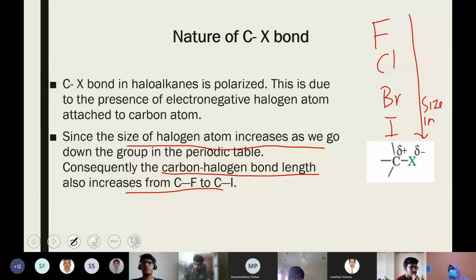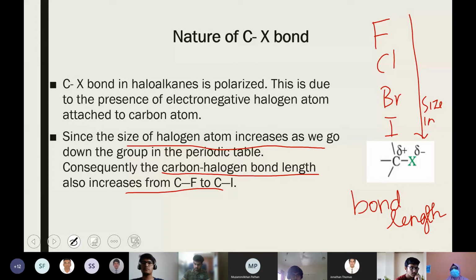So now, another question: what is the relation between bond length and stability of the molecule? It is inversely proportional, meaning the greater the bond length, the easier it is to break.